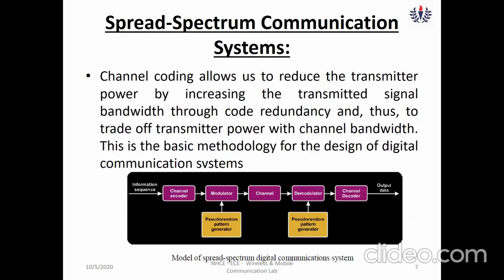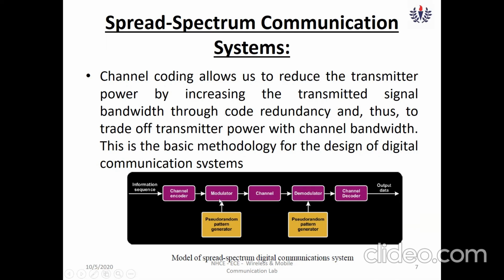Now, how does spread spectrum communication work? As you see here, we have an information sequence, which is nothing but a binary data generator, and it is given to a channel encoder. Header, footer and all sorts of data for error control measures are added in the channel encoding techniques, and it is given to a modulator.